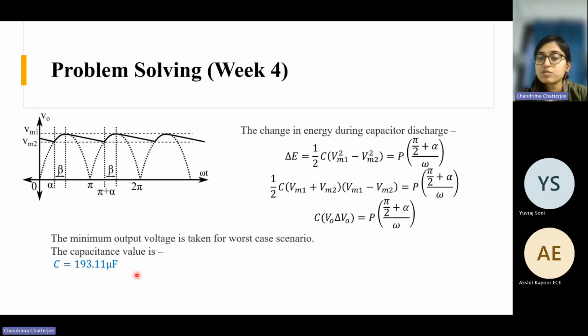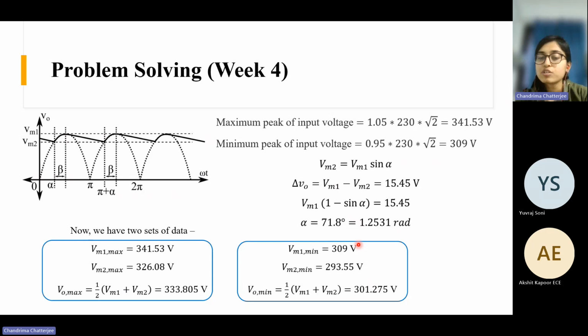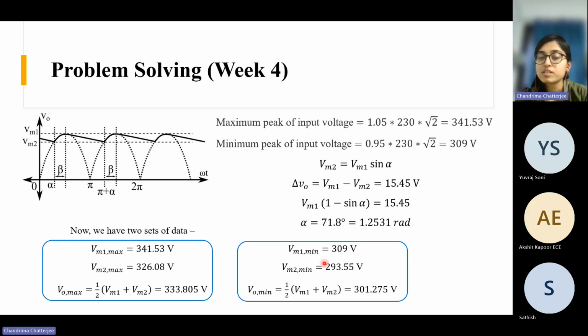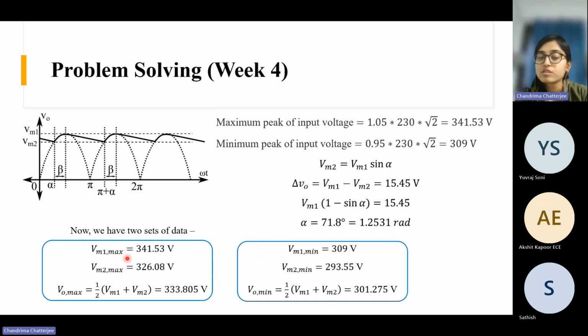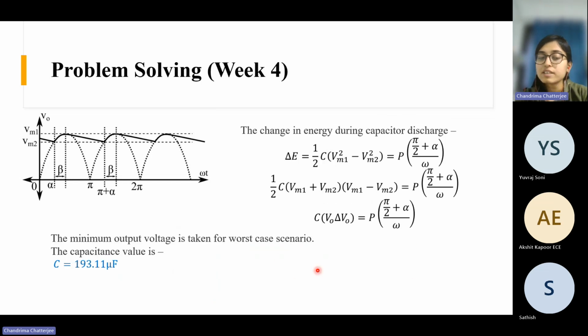Now one question is which set of values we should take, because we calculated two sets of values here. I have taken the minimum, this one. Why? Because if you calculate taking both these values, you will see that taking this minimum set of values, you will get a higher value of C. And whenever we are designing something, we should always take the worst case scenario.